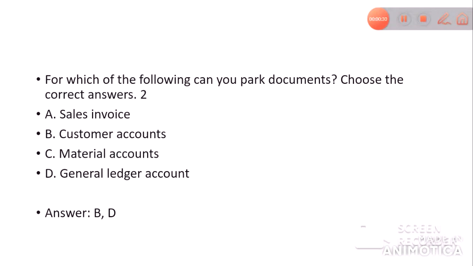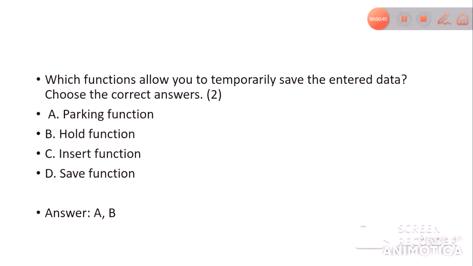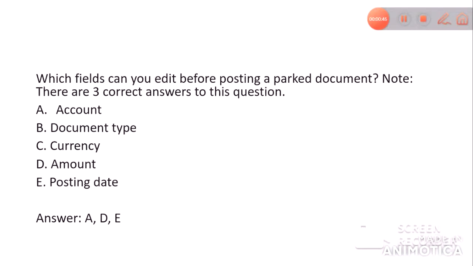Customer and general ledger accounts. Which functions allow you to temporarily save the entered data? Park and hold function. Which fields can you edit before posting a parked document? We can edit amount, posting date, and account because they are in the line item.